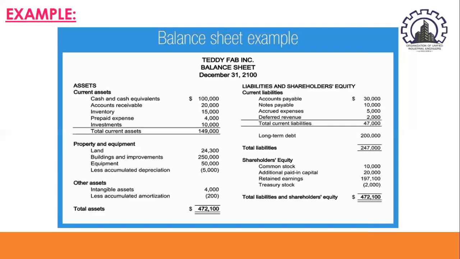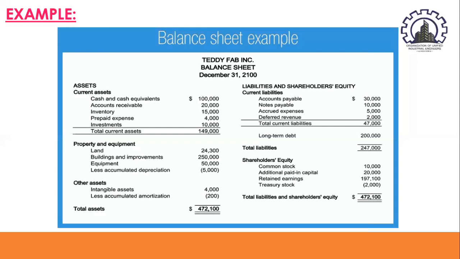And as you can notice in our example, the assets are located in the left side and your liabilities and shareholders' equity or owner's equity are located in the right side. And remember that we are using the accounting equation. So the result of your total assets should be equal to the totals of your liabilities and owner's equity.